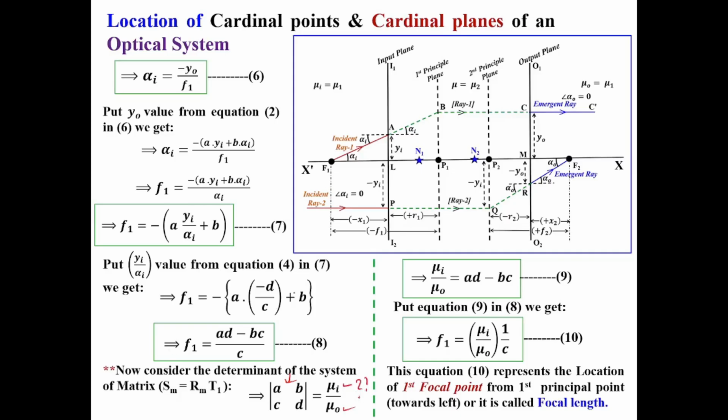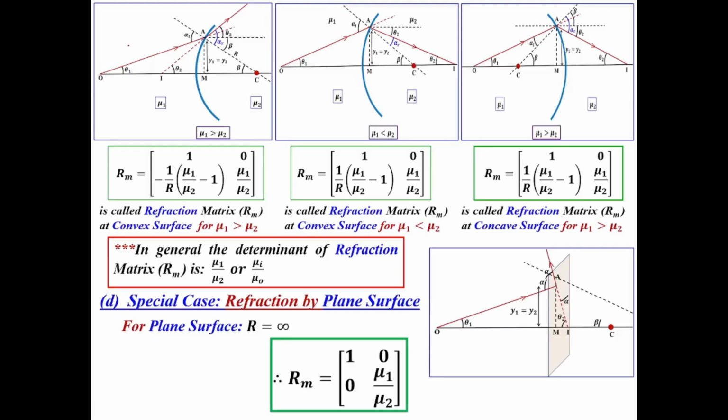Here for this dynamics, the system of matrix is one refraction matrix and one translational matrix. You just recall when we discussed the refraction matrix, it may be through a convex surface, maybe mu1 greater than mu2, mu1 less than mu2, or through a concave surface. These are the refraction matrices we evaluated at that time.